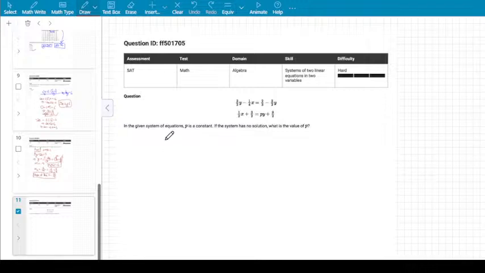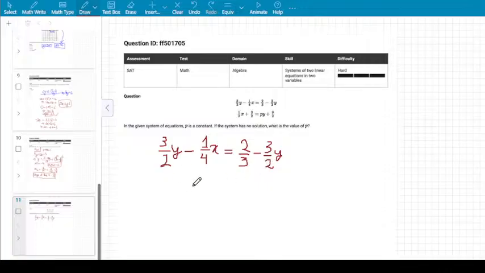So let us write the equation. 3 by 2y minus 1 by 4x is equal to 2 by 3 minus 3 by 2y. Let us write it in the standard format.